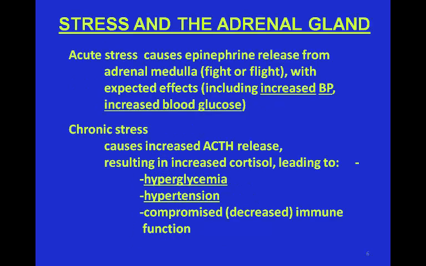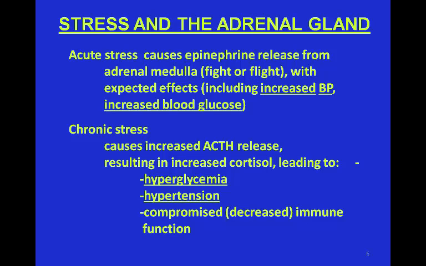The adrenal gland is very much involved in the stress response. The stress response can affect the body on a chronic basis or on a more acute basis. I'd like to talk about the chronic stress first at the bottom of the slide.